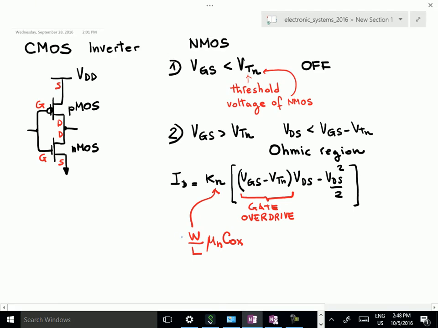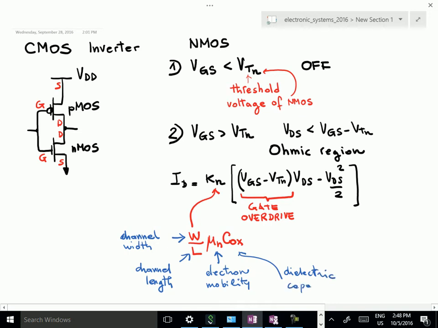where W is the channel width, L is the channel length, mu n is the electron mobility, and Cox is the gate dielectric capacitance per unit area.